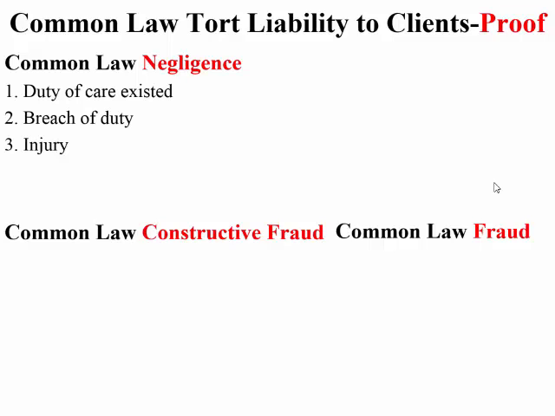2 is where it gets a little bit more difficult, in proving that you didn't exercise due care. And then 4 is another burden that's difficult for people to prove, and that is proximate cause. Proximate cause is that it's not just that the client lost money or suffered some kind of monetary damage, it's that the breach of duty on your behalf was the proximate cause of their injury.